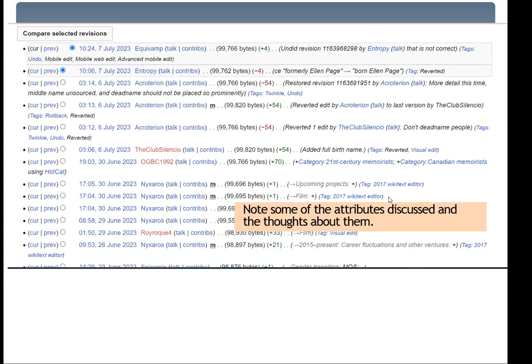So then when you look at the history of the notes, and I didn't page through all the notes, I just picked a snapshot to show you, there is discussion here of some of the attributes and some of the thoughts about them. So for example, at one point we used "formerly," and there was a change from "born" to "formerly," and then that was changed back to "formerly." So what should we do in terms of how we represent names and identities?